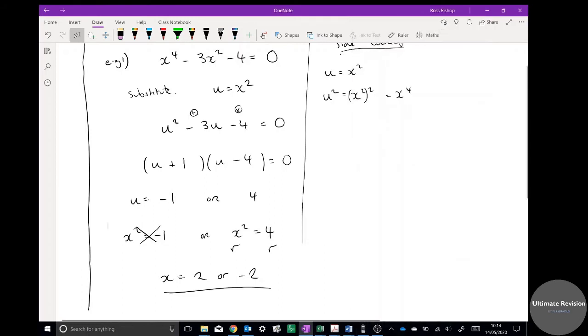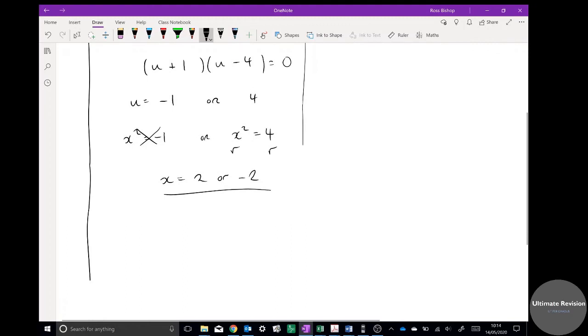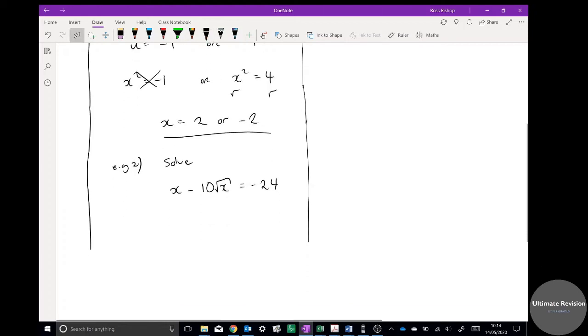So that's the first one. Let's look at another, slightly harder one. Solve x minus 10 root x equals negative 24. Again, a temptation here is for everybody to square each term.